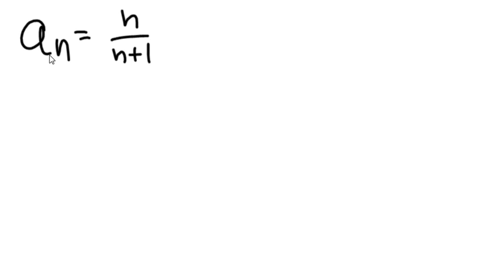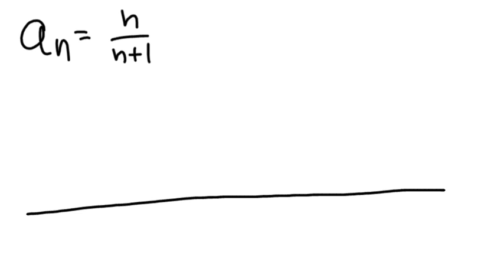Now let's take this sequence, a sub n equals n over n plus 1. Let's graph the sequence on a number line and see what value the terms of the sequence get towards as n increases towards infinity. Okay, number line. Well, we know our lowest value can be 0.